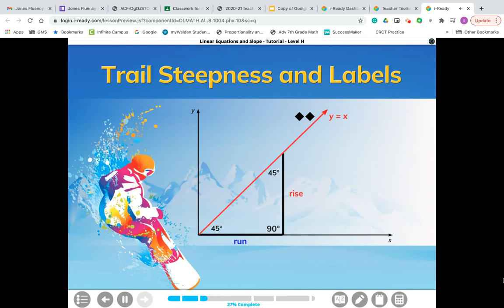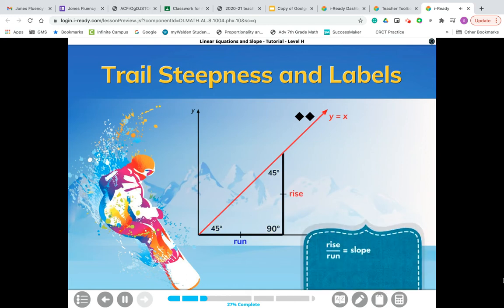So the rise and the run are equal. And when both values in a ratio are equal, the ratio is equal to 1. So the slope equals 1. And as you can see, the y-intercept is 0. So the equation for the red line is y equals x.